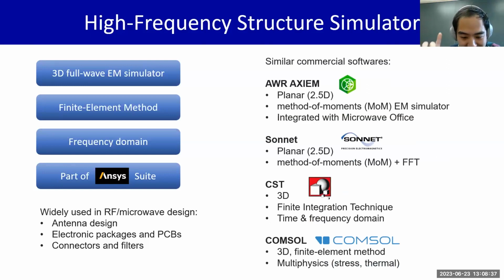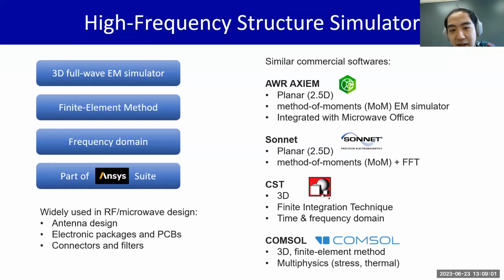Disclaimer: HFSS is a commercial software, and I don't want to give you the impression that we are advertising for them. The goal is just to do electromagnetic simulation and analysis of the 3D package, and there are other tools that can do this. For example, Axiom, which is compatible with Microwave Office, is another very handy tool. Or Sonnet.